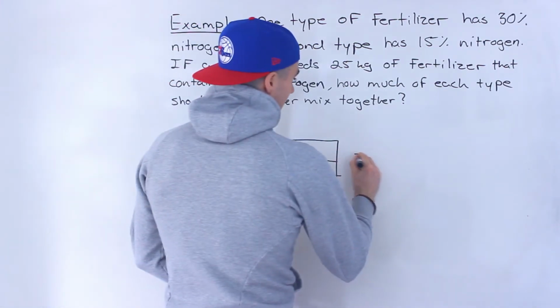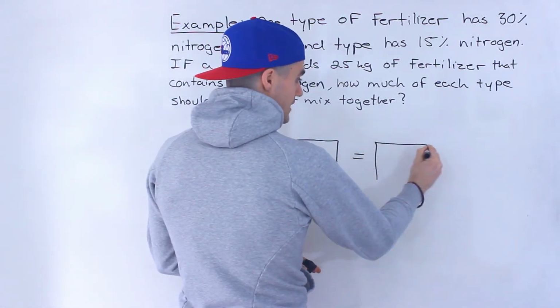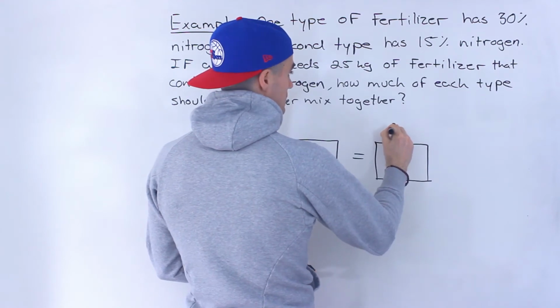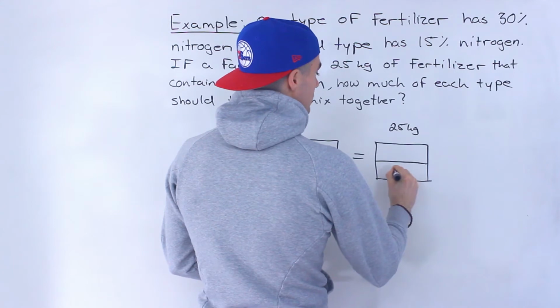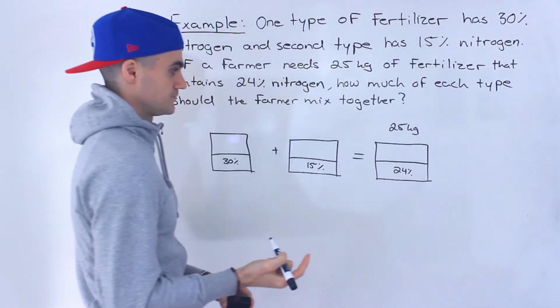And what we want to get when we mix them together is 25 kilograms of a nitrogen mix that ends up having 24% nitrogen.